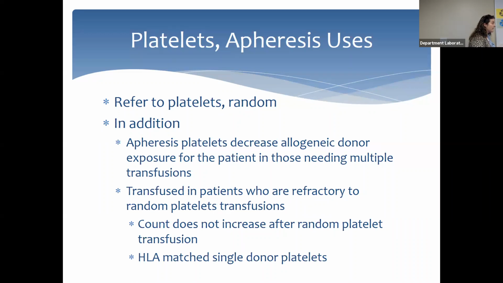If that's the case, you have to give what we call HLA matched platelets. And we did that here at UAMS. So we had several patients that have to have HLA matched platelets, especially those patients on chemotherapy who are receiving multiple platelet transfusions. They more than likely might develop either a platelet specific antibody or an HLA antibody, right? That will cause them to become refractory, okay?